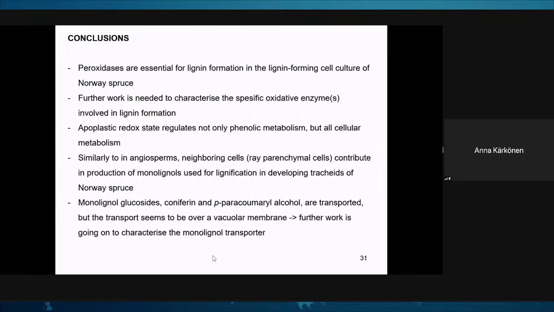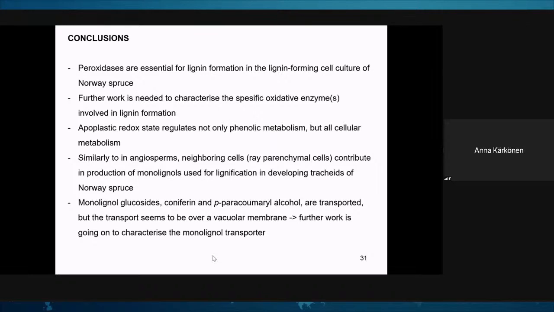So to conclude my talk, peroxidases are essential for lignin formation in the lignin-forming cell culture of Norway spruce. Further work is needed to characterize the specific oxidative enzymes involved in lignin formation. Apoplastic redox state regulates not only phenolic metabolism, but all cellular metabolism.